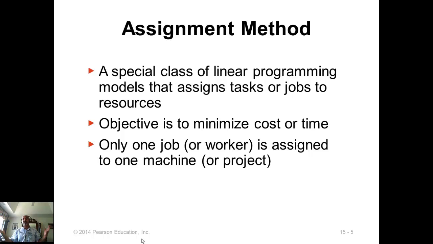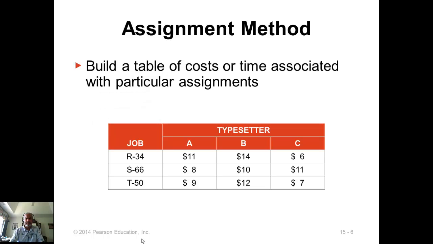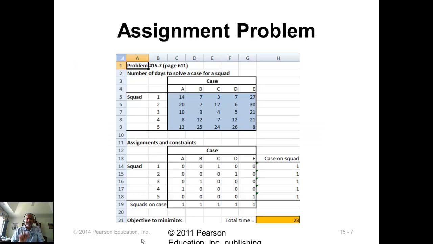You can have 100 jobs and 100 machines, it doesn't matter. You can quickly run the solver model and find the best possible solution. So here is an example, and this is how the solver model will be set up, and now let me illustrate how to do this.